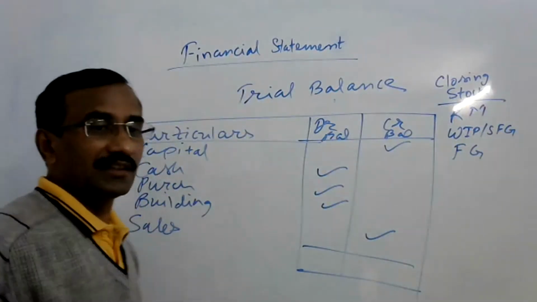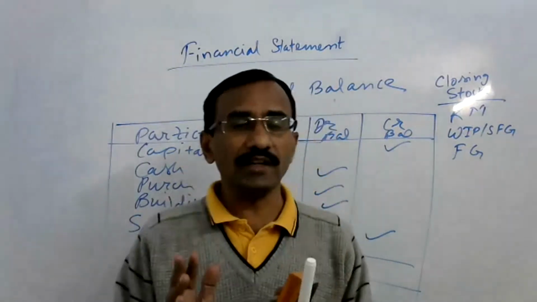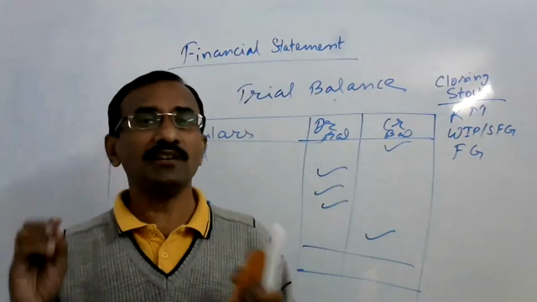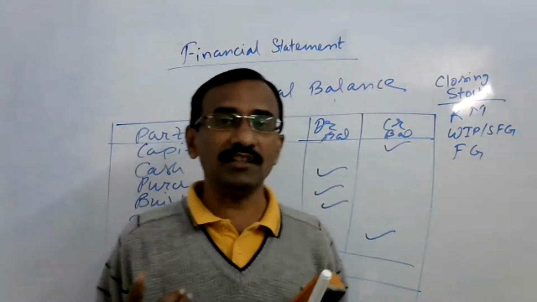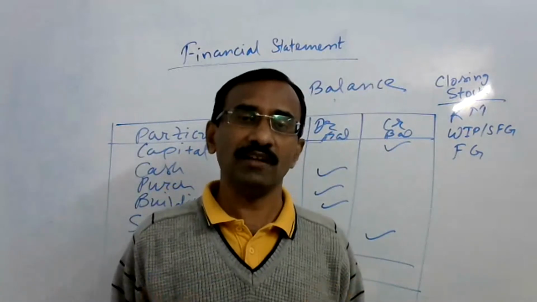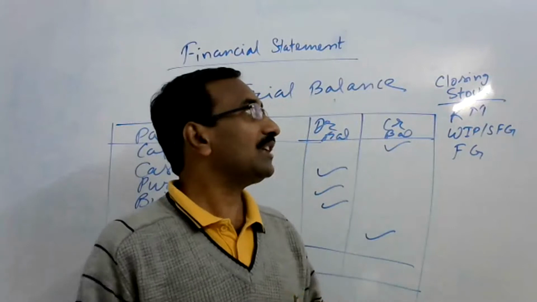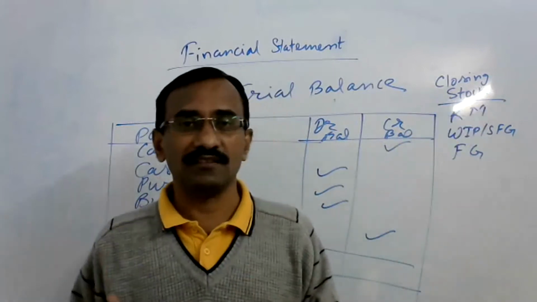Now this closing stock is considered an event, and it can be calculated only at the close of a particular day or financial year. So if you are drawing the financial statement for the year, then on the last day of the financial year we have to calculate how much stock I am having.